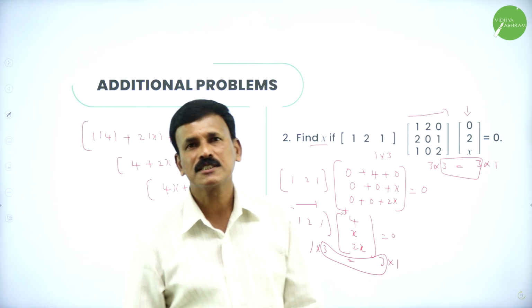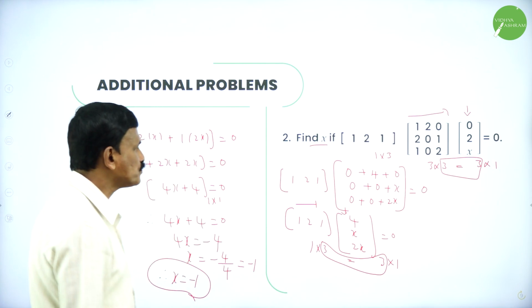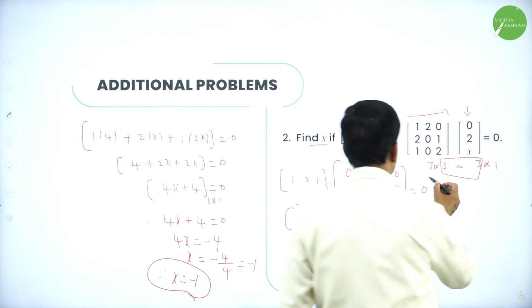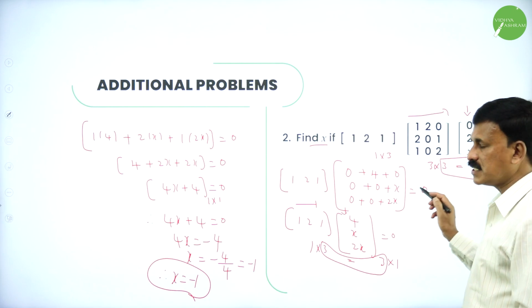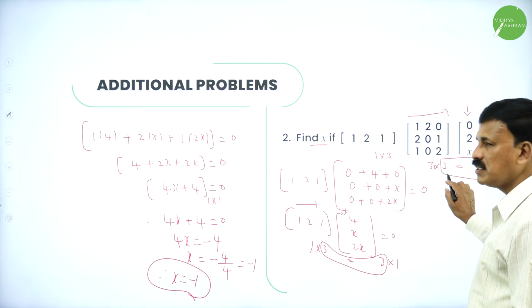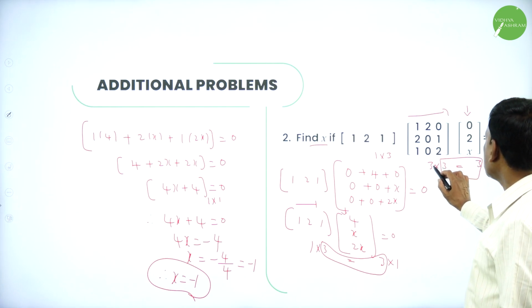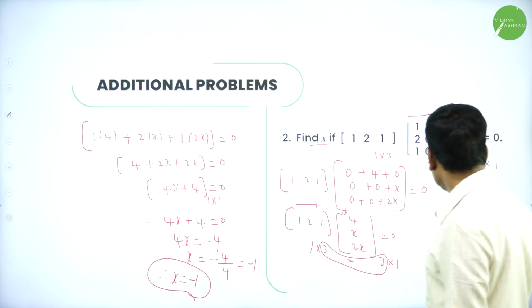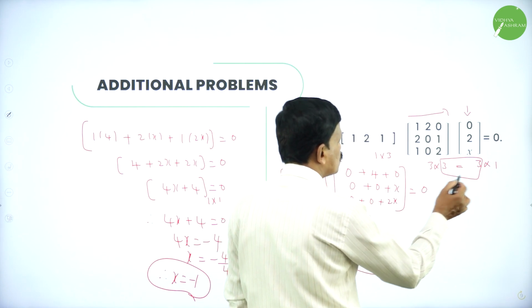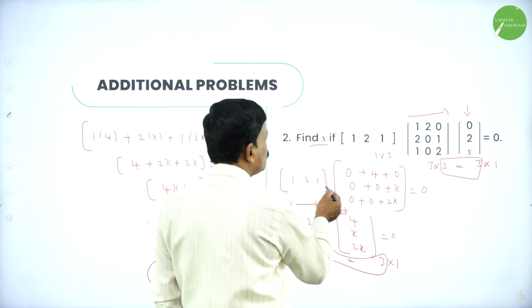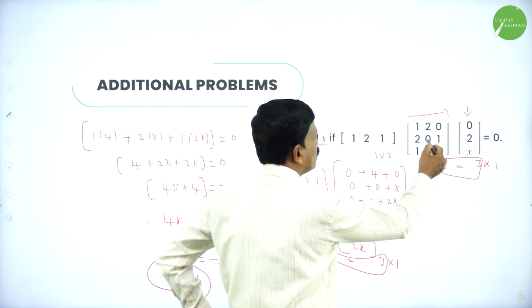Very easy question. Right, I will explain once again. Just multiply any two matrices, either this and this or this and this. First multiply this. Verify whether it is possible to multiply it or not. Since this is of order 3 rows 3 columns, and this is of order 3 into 1, these two elements are the same, so we can multiply this. First matrix as it is, second and third matrix multiply.